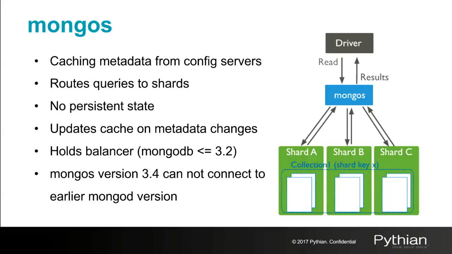And before MongoDB 3.2, the MongoS also had the balancer, which is responsible for balancing the data between the shards in the sharded cluster. All the operations that go from the application to the sharded cluster must go through a MongoS, because only the MongoS has the information on what document can be found on what shard and in what chunk.